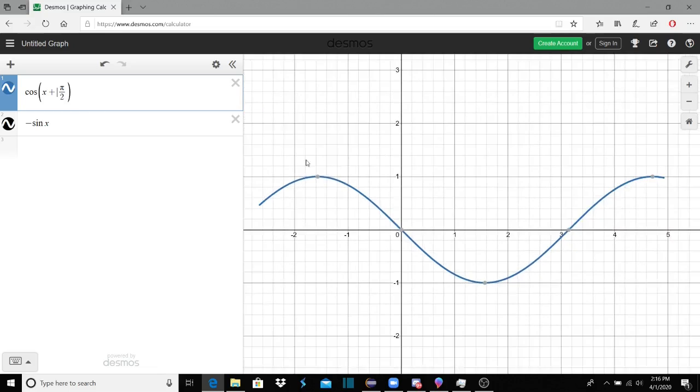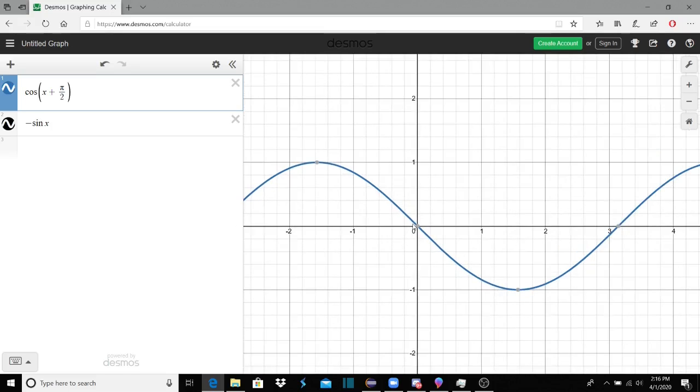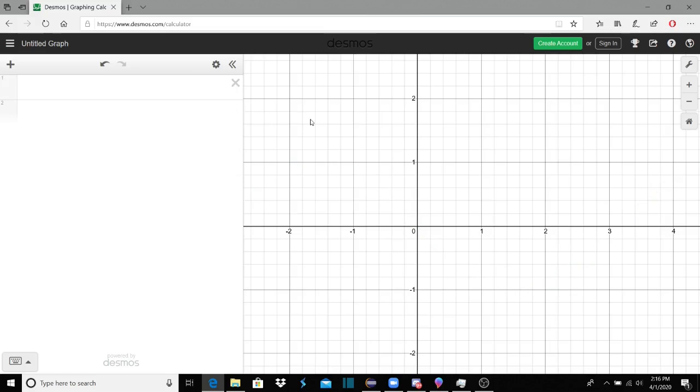Perfect. If I do that, you can see that they overlap. So that is basically equal to that, if you want to do it that way. And I think that's good enough for now. That's your basic understanding of derivatives or average rates of change.